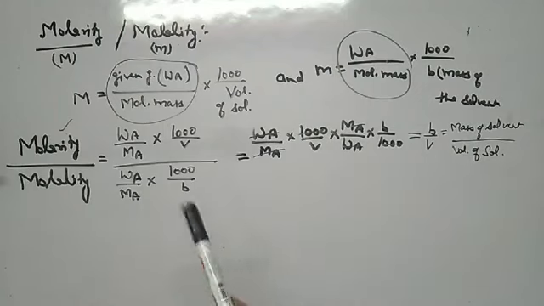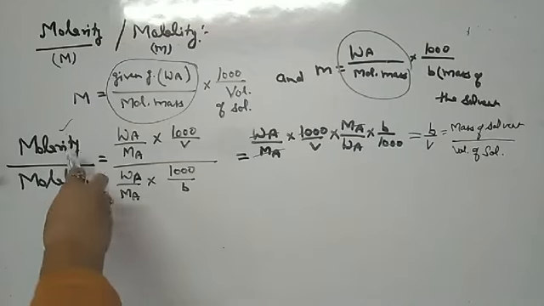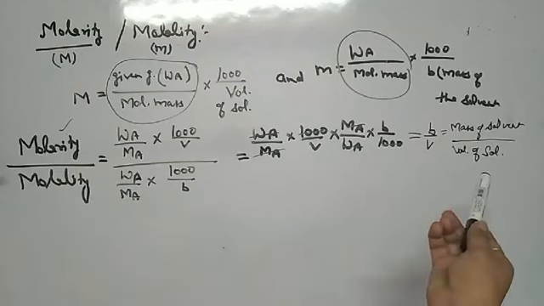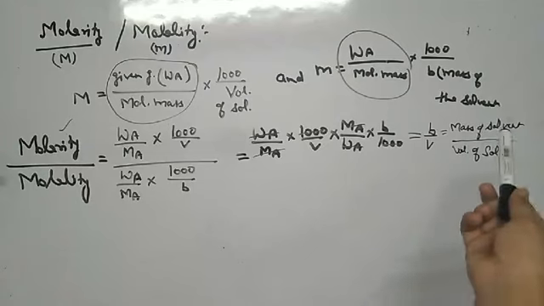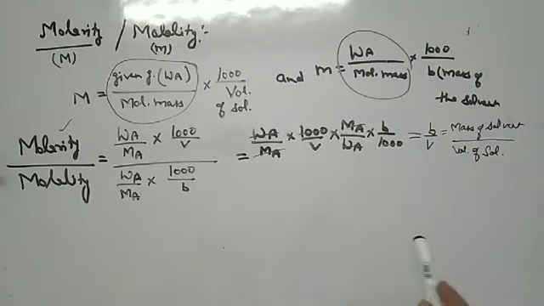Out of these four, you have three values in the given numerical, so you can find the remaining one. If they provide molarity, molality and also the volume of the solution, then you can find the mass of the solvent. Is it clear? If the mass of the solvent, the volume of the solution and molarity are given, then you can find the molality.